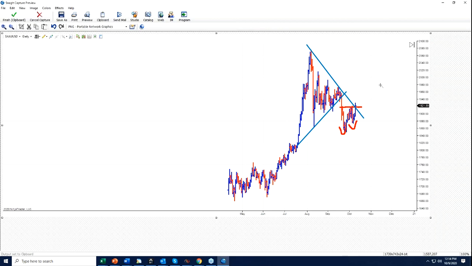Again, you don't want to hold on to a losing trade. If you're taking losses, it's just much better to get out of a loss and reassess, even if it starts coming back down again and you need to short it. I know that sucks, but sometimes you just need to clear your head so that you can see the next trade. When you're holding on to it, and I think, May, we talked a long time ago, you were in another trade that you were holding on for a long time that was against you.